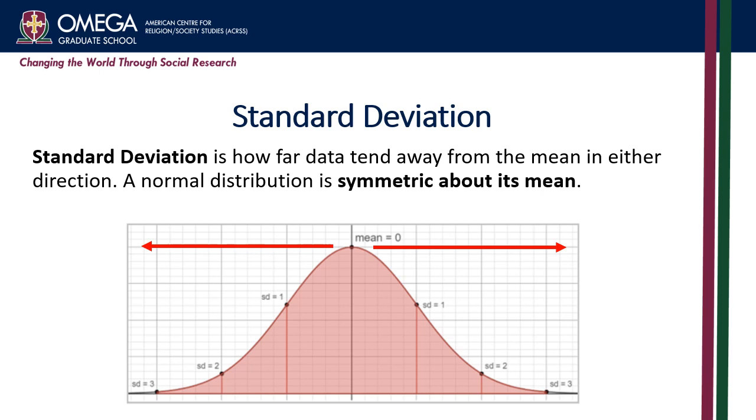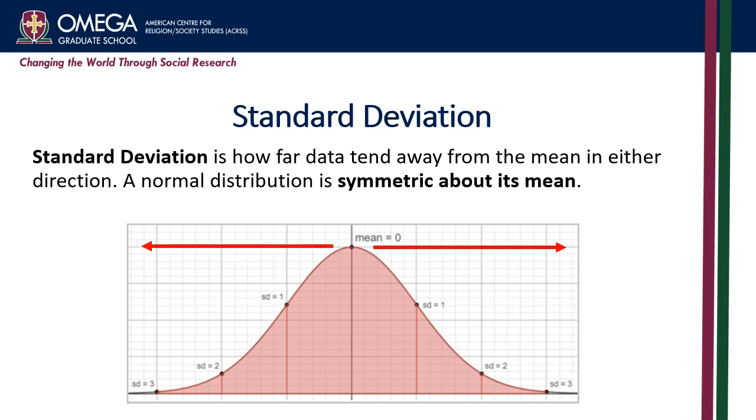The standard deviation is how far data tend away from the mean in either direction. In a normal distribution, standard deviation is symmetric about its mean. In this example, the mean is at 0, and one standard deviation is represented to the left, and one standard deviation is represented to the right, which means there's generally an equal number of data points that are less than the mean and an equal number of data points that are greater than the mean.